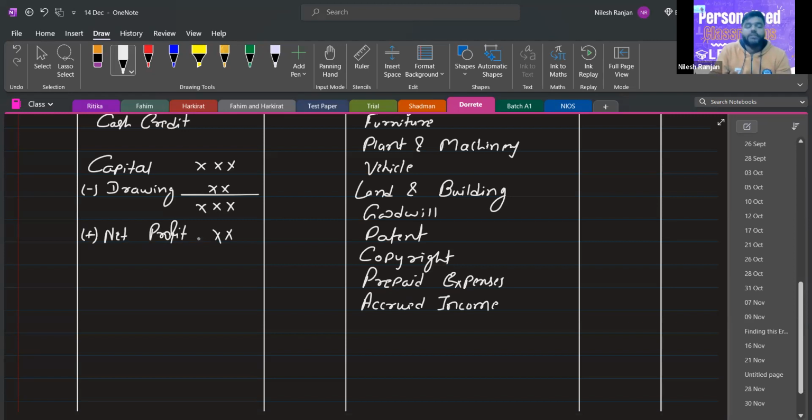It will be added here. If there is net loss, then it will be deducted. So I'm writing. So the final amount will be written.